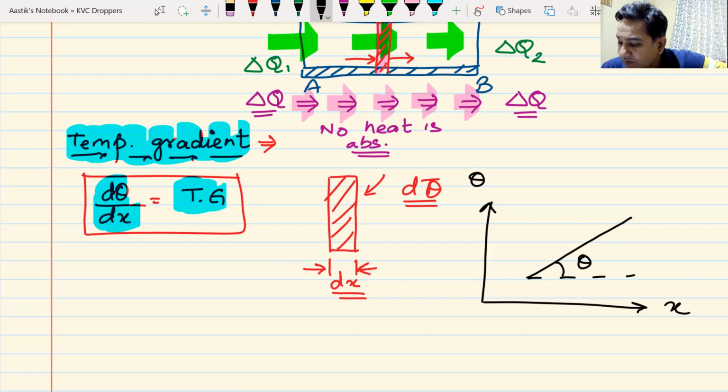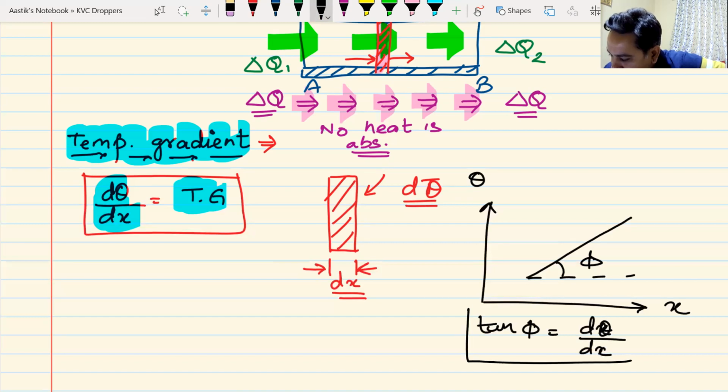Do we understand this? It's very simple. So tan of phi is your temperature gradient. Okay. This is the temperature gradient.